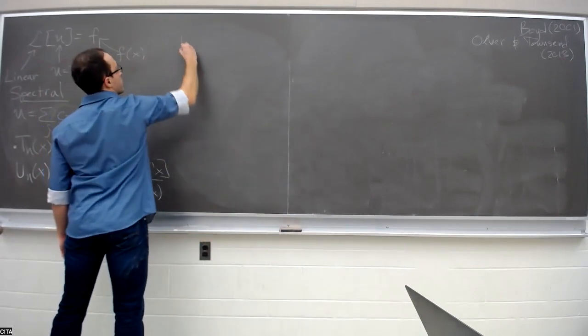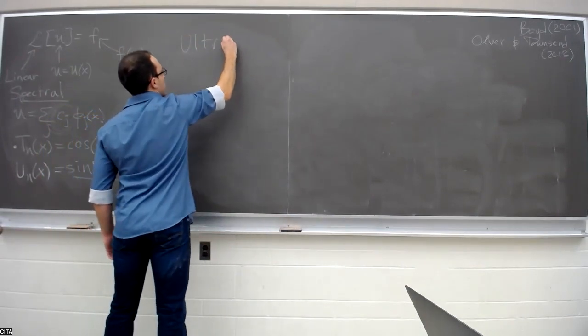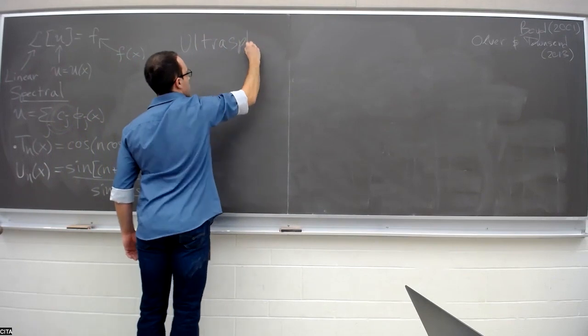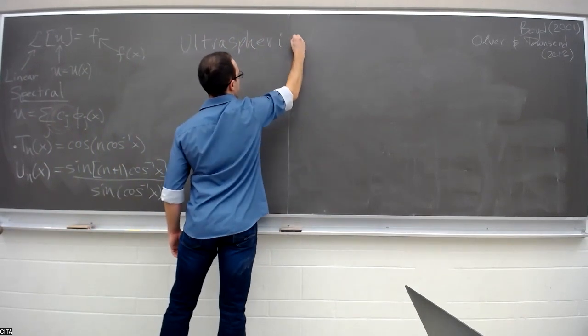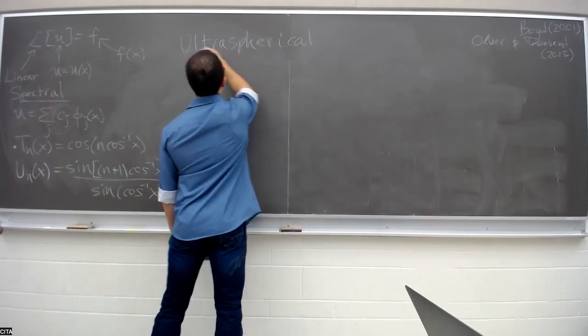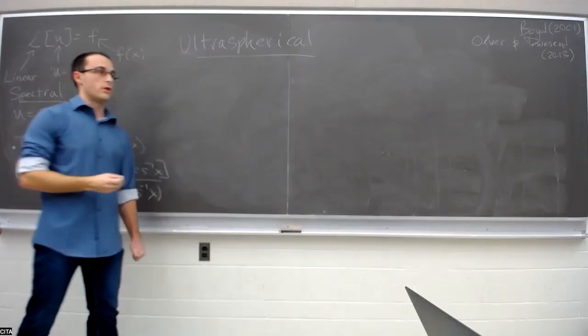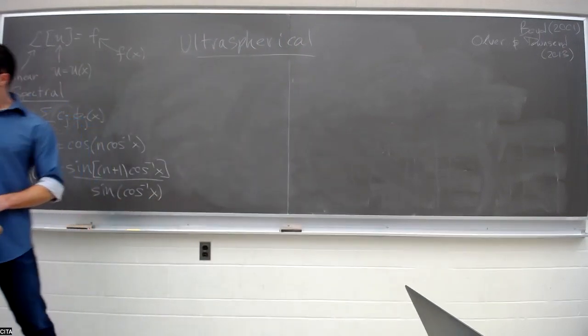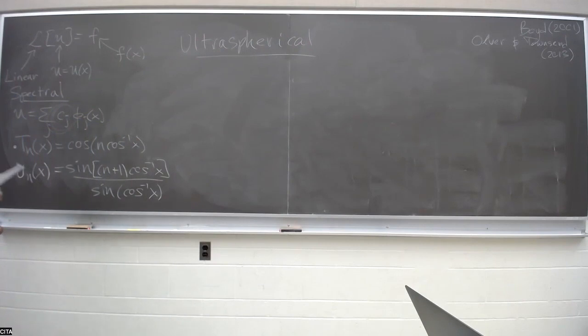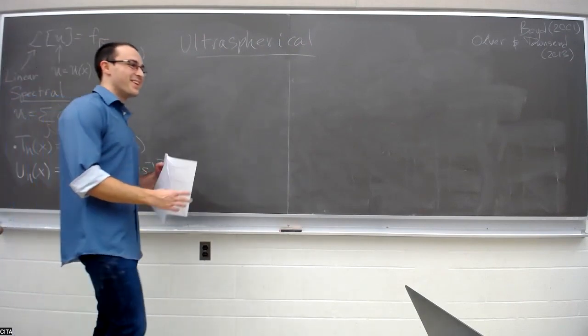This is something called an ultraspherical or Gegenbauer polynomial method. I'm not going to write that up.